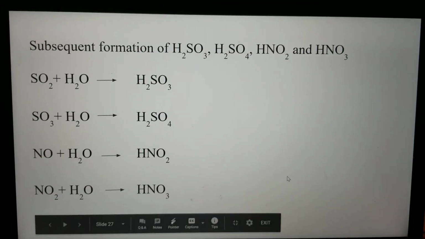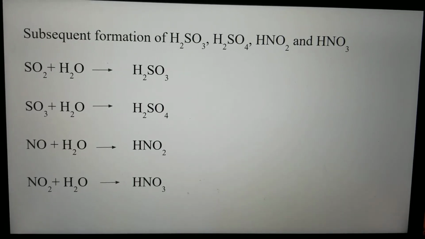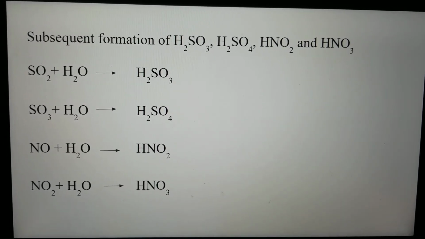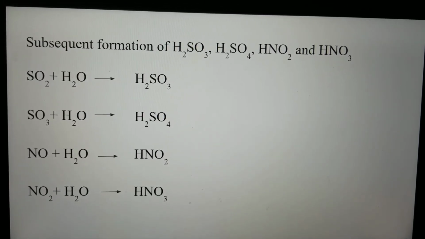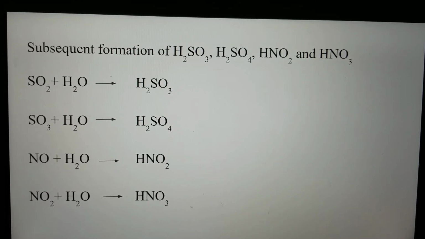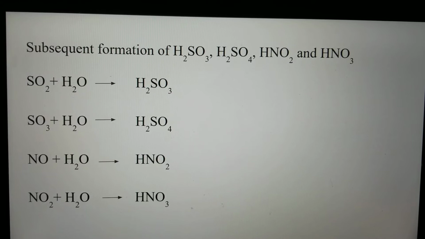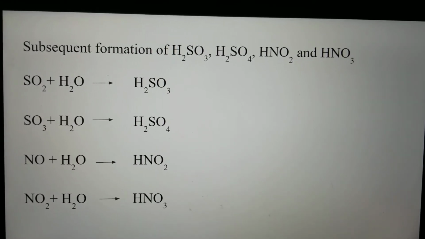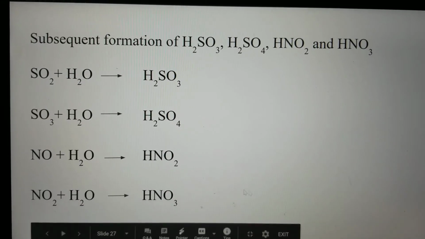Those oxides, sulfur dioxide, sulfur trioxide, nitrogen monoxide, and nitrogen dioxide, each, when they react with water, form these four acids. So if these four acids are in rain, then you see how the rain would be acidic.